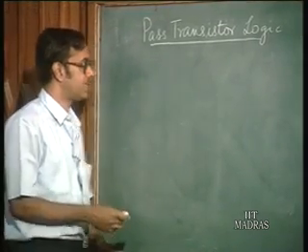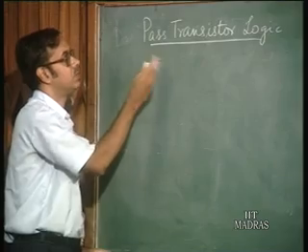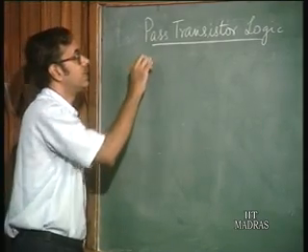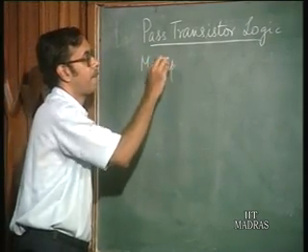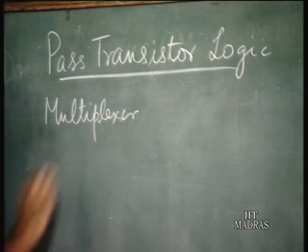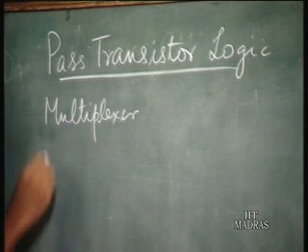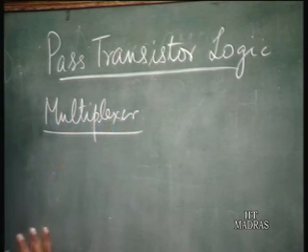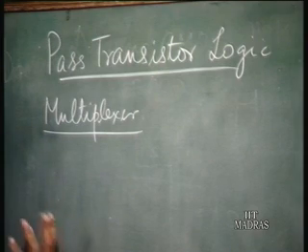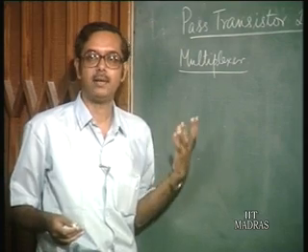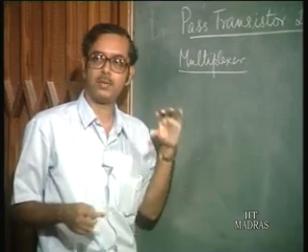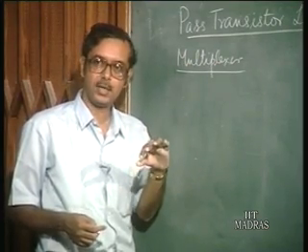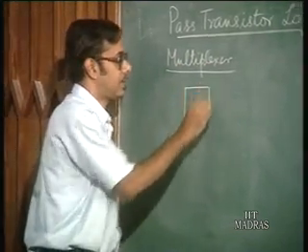Well, the classic example of the use of this pass transistor logic is in the multiplexer circuit. A multiplexer, if you have n control inputs, has 2 to the power n inputs and 1 output. So it is just like this.